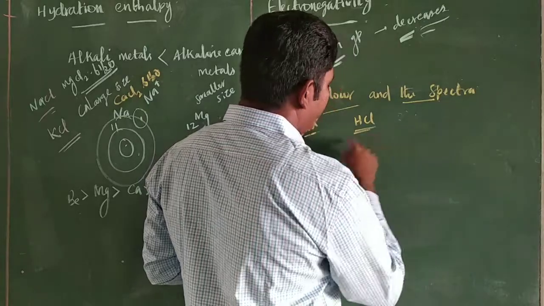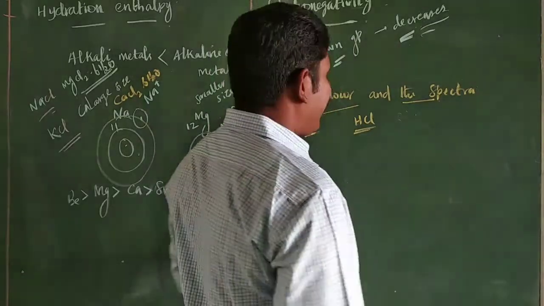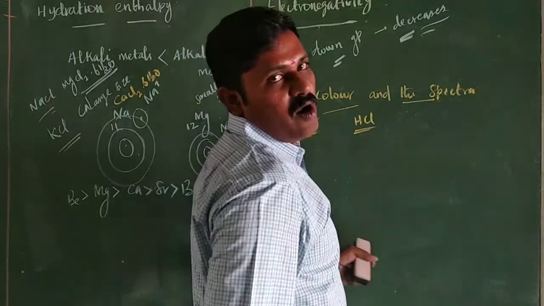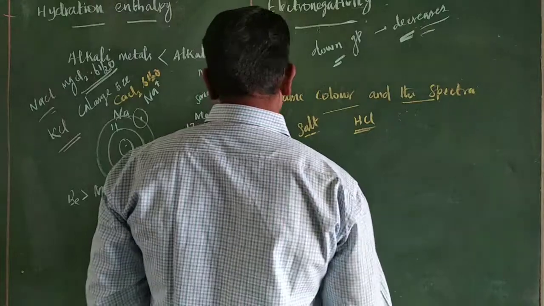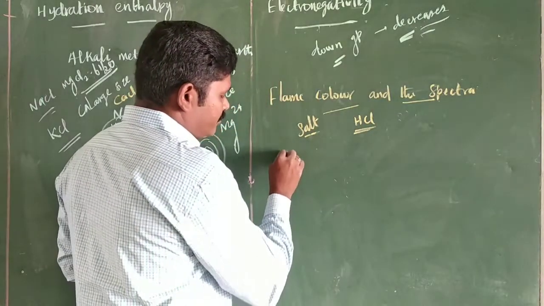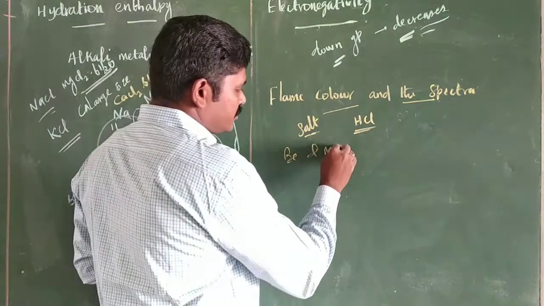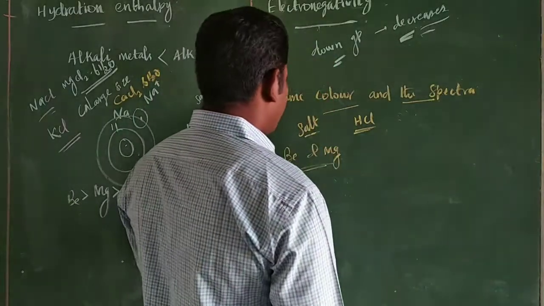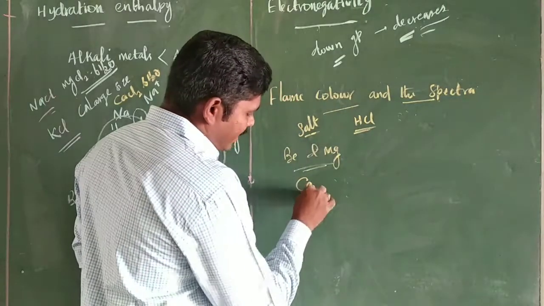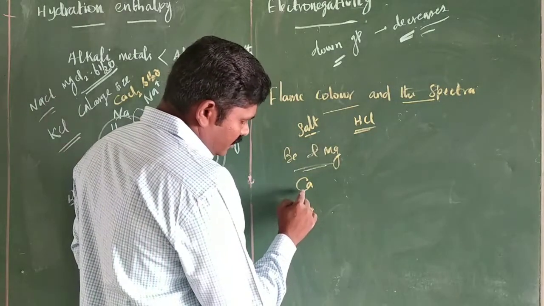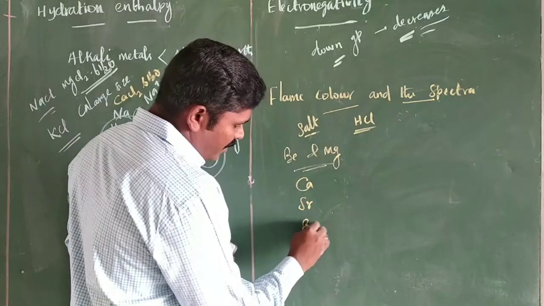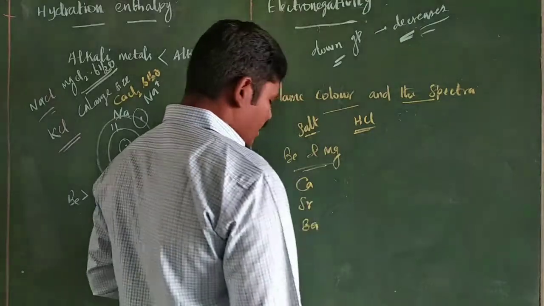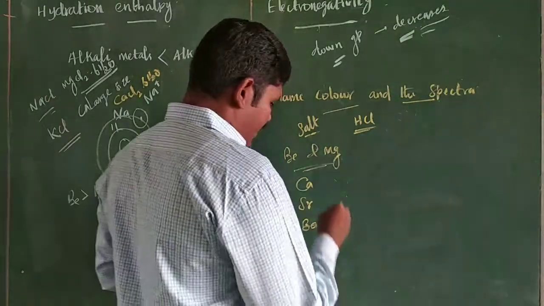A different color is formed. Beryllium and magnesium do not give color because of their very small size. Calcium, strontium and barium give different colors at different wavelengths. Radium is a radioactive element.